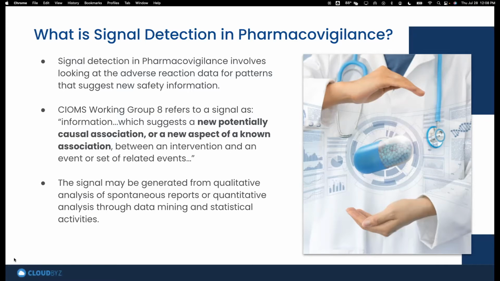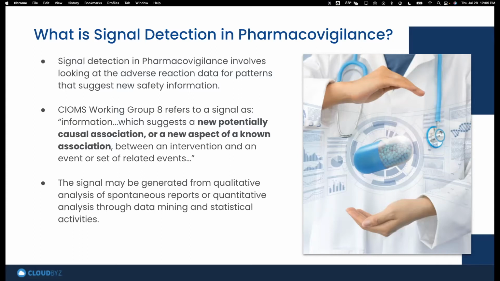If we're thinking about some examples of what signal detection can be, you can think about it in a few different ways. Either it's a brand new effect that we're capturing right now. Let's say I'm testing out a vaccine, a COVID vaccine in this case, and we're seeing a set of brand new adverse effects that we never saw before.